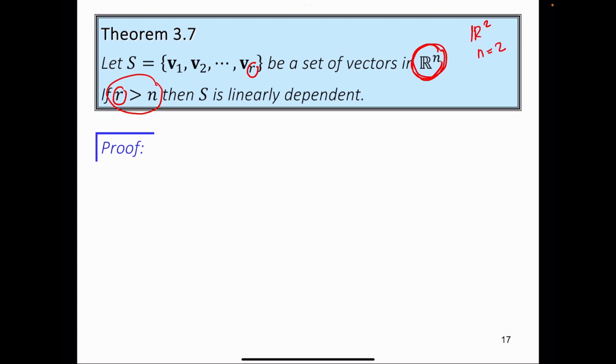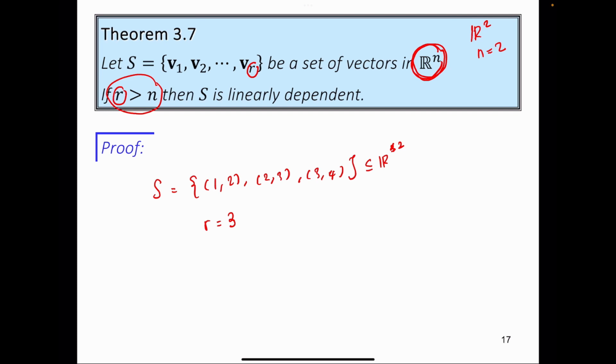So, for example, if we have S as (1, 2), (3, 4) and so on, the set S has 3 vectors from R2, and R is equal to 3.